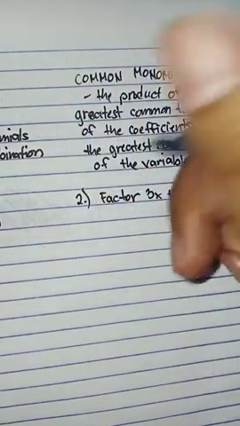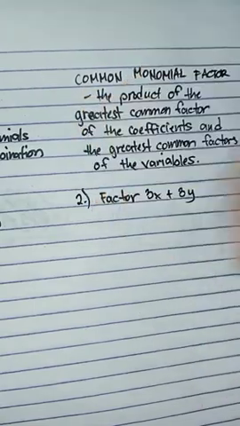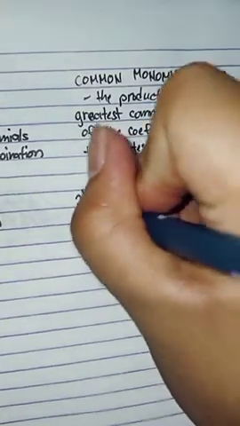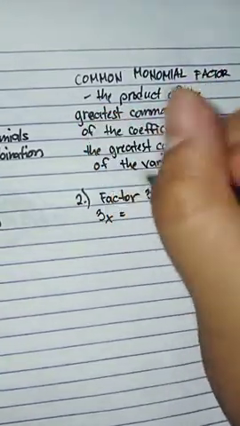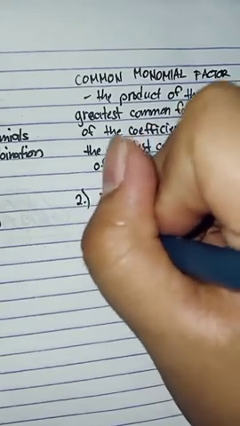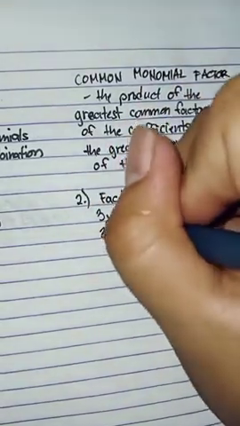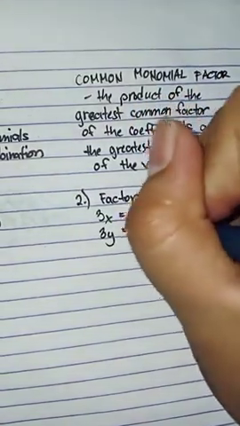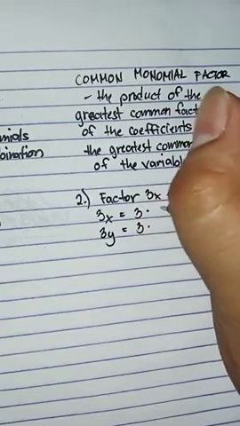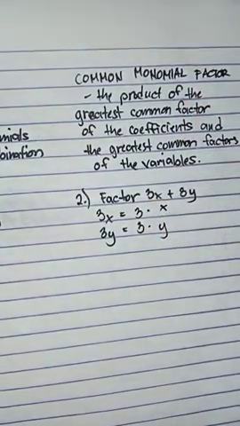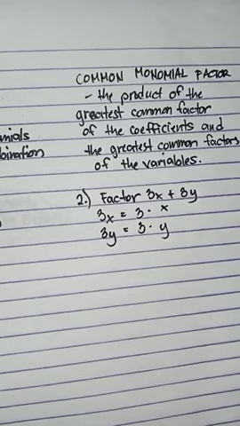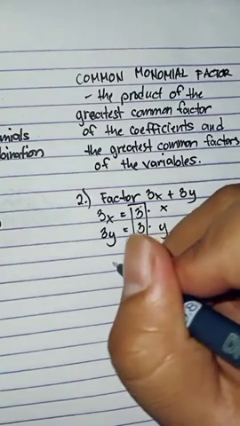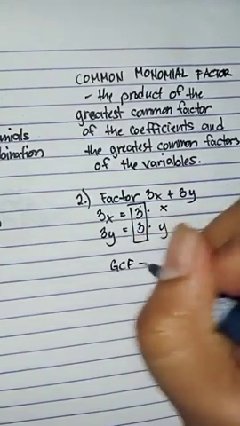Step 1, we have to find the GCF of each term. We have 3x and 3y, 3 and x, 3 and y. Now our GCF is 3.